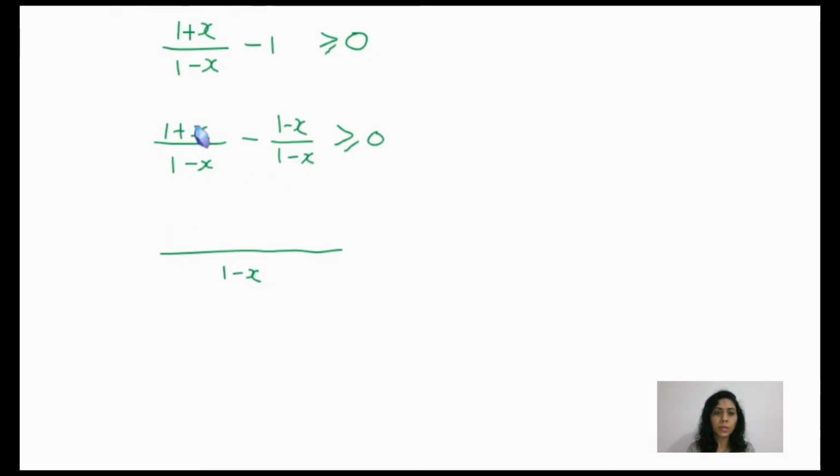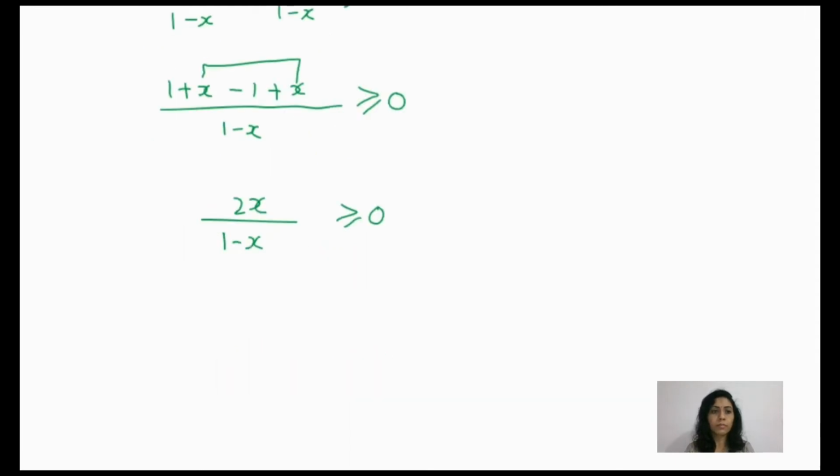So here we can easily subtract numerators. 1 plus x minus (1 minus x), multiply with this minus, so 1 plus x greater than or equal to 0. 1 cancels, we combine like terms, so 2x upon (1 minus x) greater than or equal to 0.